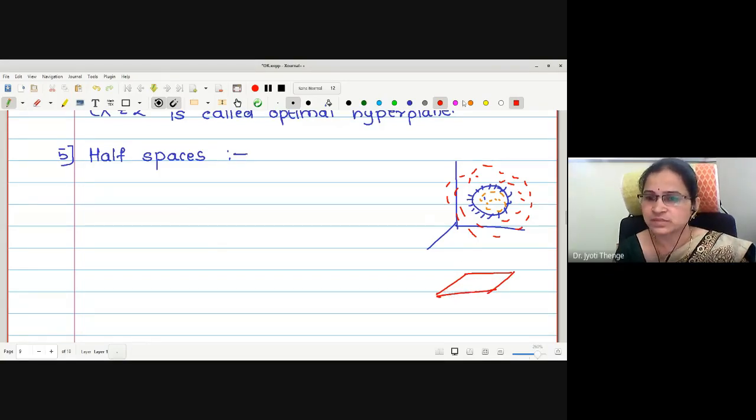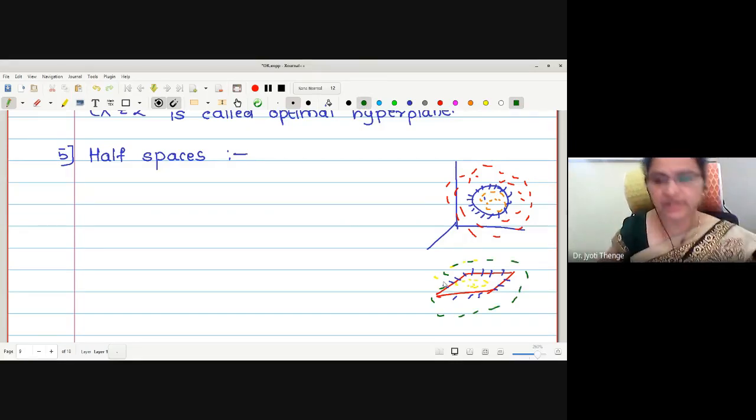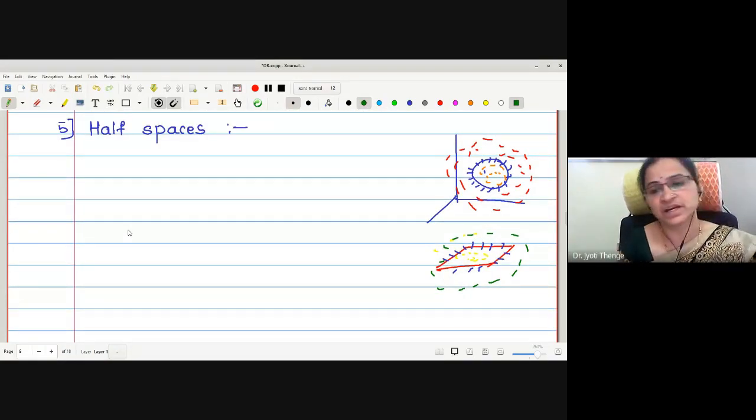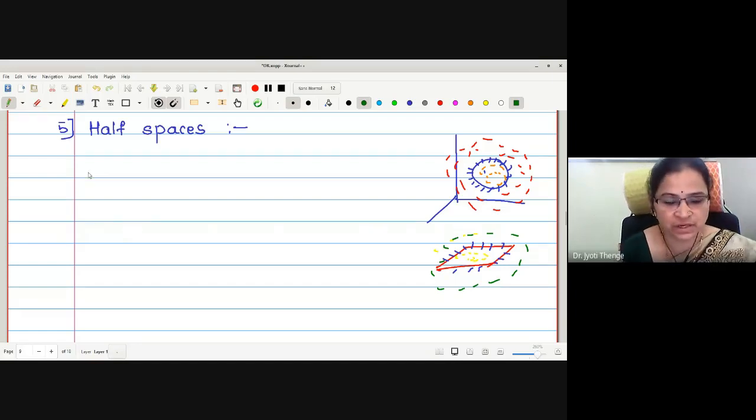The first part is points on the boundary, the second is points inside the plane, and the third is points outside the plane. These are called spaces, or rather half spaces. And then we will study what are open half spaces and closed half spaces. Let me write a hyperplane.